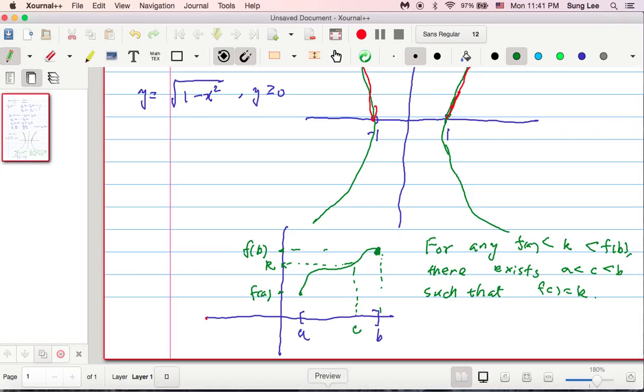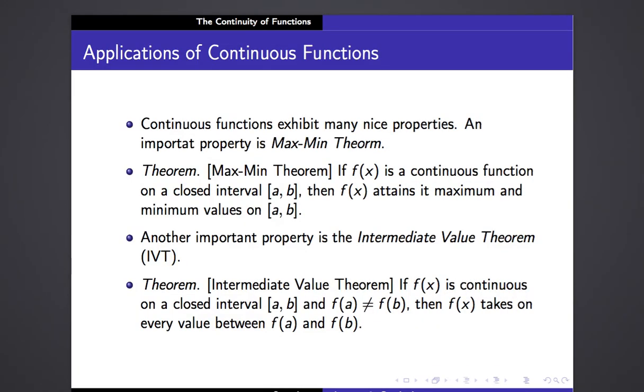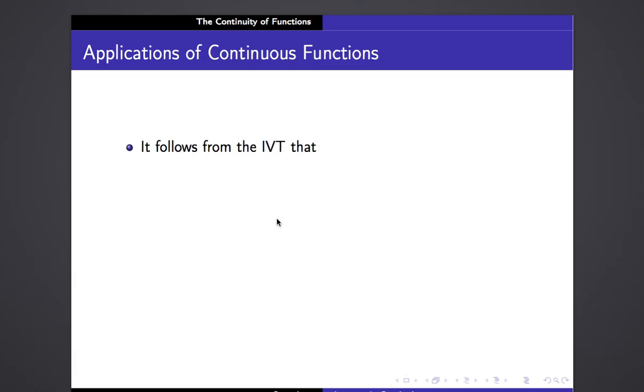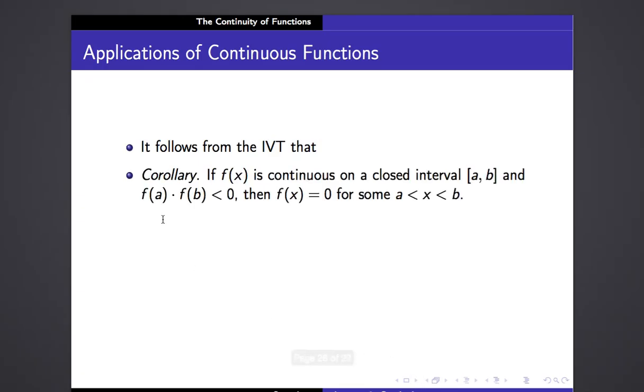Going back to my lecture slides, this theorem leads to an important corollary. If f of x is continuous on a closed interval, same condition, and f of a times f of b is less than 0, what it means is that f of a and f of b have different signs.